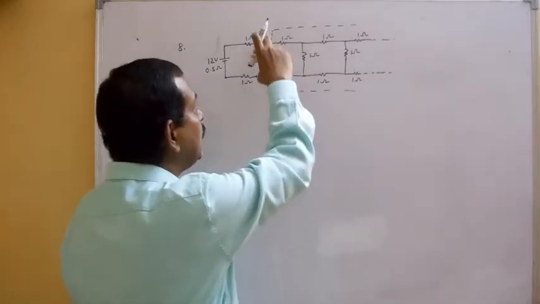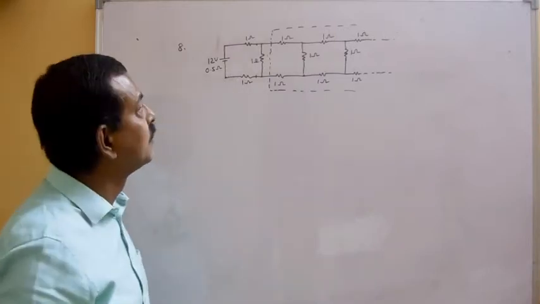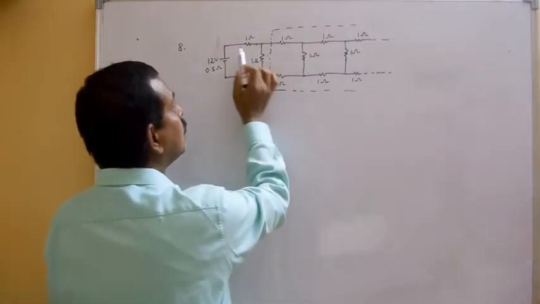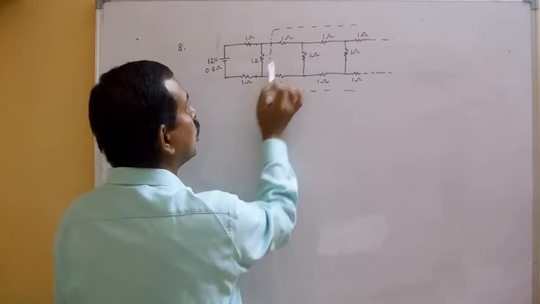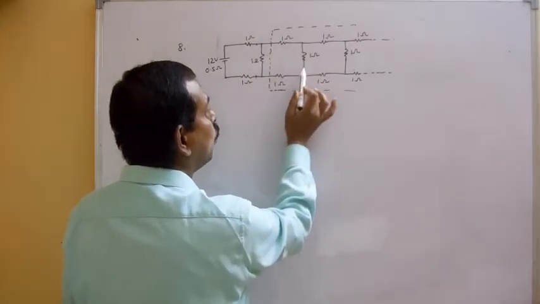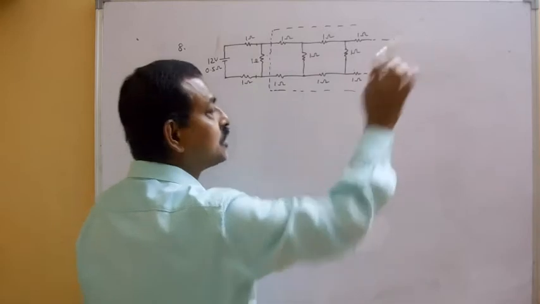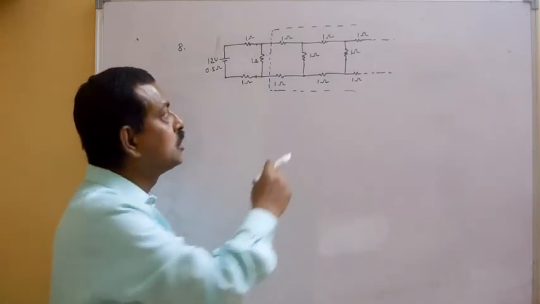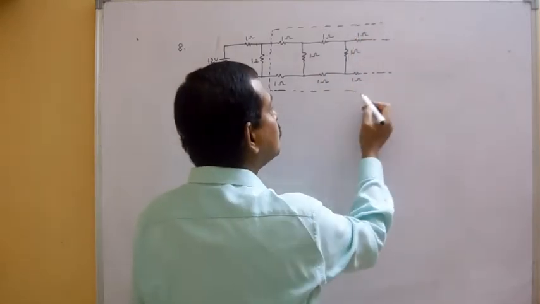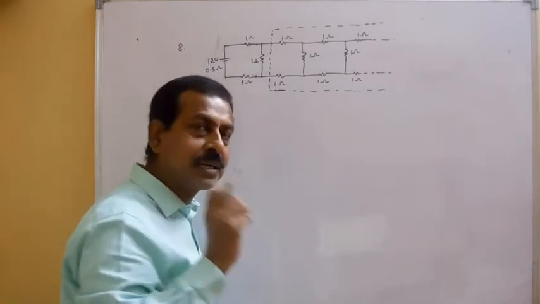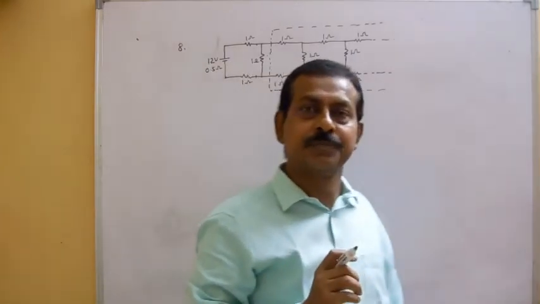Let's suppose we eliminate from this. Now you see, here you have 1 ohm across, 1 ohm across, and it is just repeated again. That means whatever we have shown inside this dotted part is exactly the same as the given network.